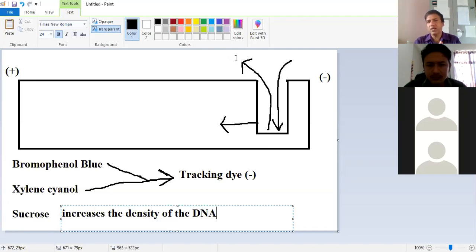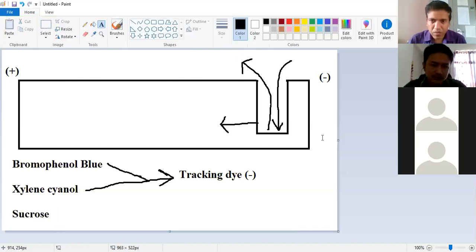So gel loading dye has got two functions. Number one, through the tracking dye, it will track the movement of the DNA. And through sucrose, this will increase the density of the DNA that will facilitate the settling down of the DNA into the bottom of the well.